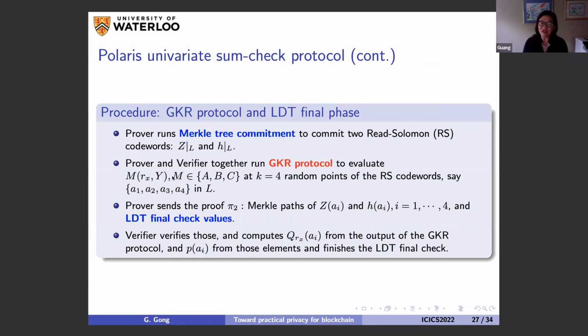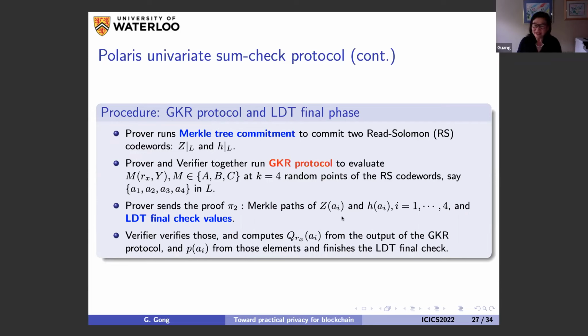Usually in Aurora or others, in order for the verifier to compute this, basically they need to access this polynomial, so that's n complexity. After using GKR we can reduce this to log n. So that's what we used. Then you compute this, and you can finish the final check. The final check is that the low degree polynomial is computed at these 4 points.